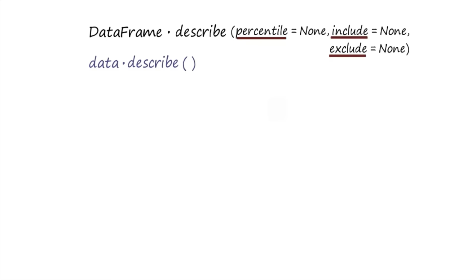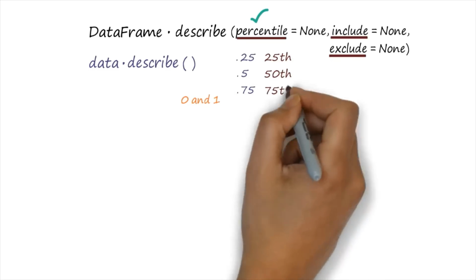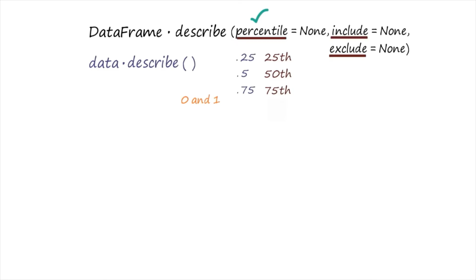But we have to understand the concept of the percentiles argument. It is an optional parameter which is a list, meaning it holds list-like numbers, and those numbers fall between 0 and 1. The default value of this argument is 0.25, 0.5 and 0.75, which basically returns the 25th, 50th and 75th percentile of your data frame.